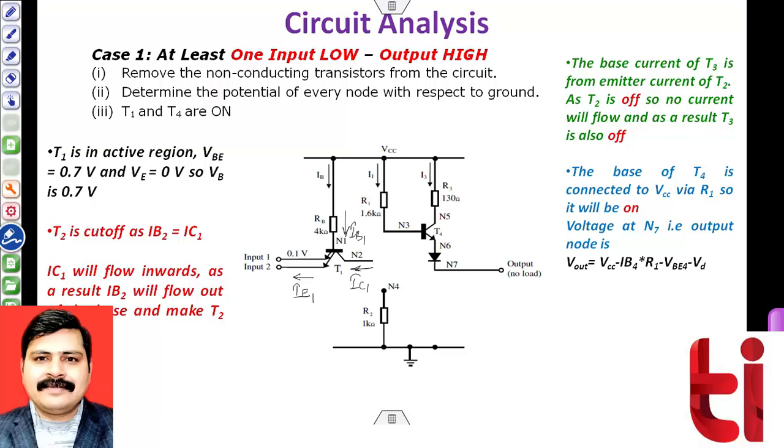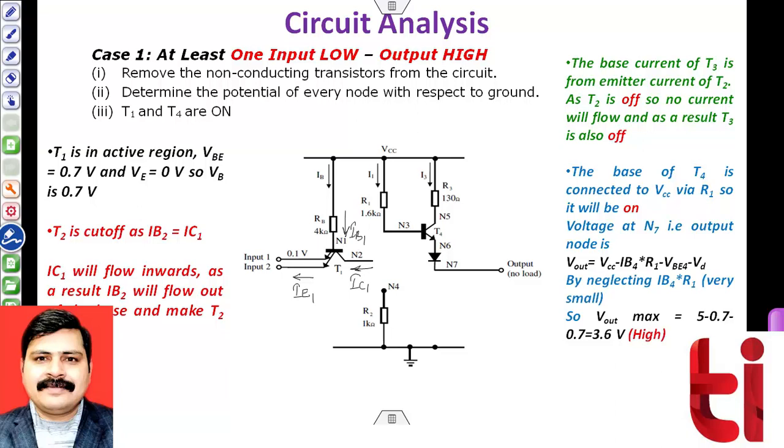Now you can check, as the current flowing through this particular resistance is my base current, and you know that the typical value of base current is in microamperes. So we can neglect this particular drop, as the value of this drop will be very small. If we drop this voltage across this resistance, then my equation will be simplified.